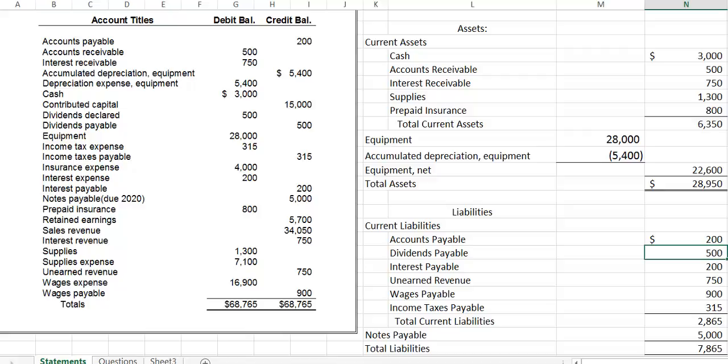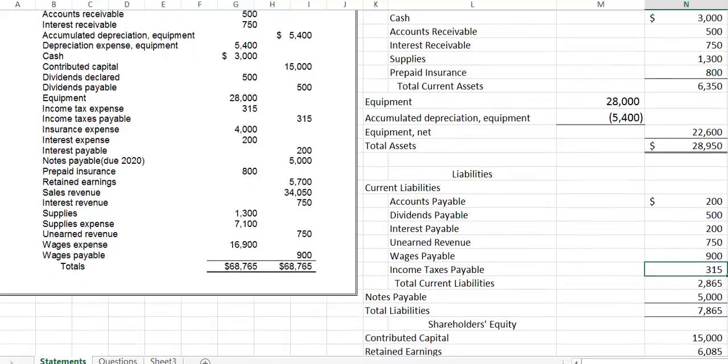So that's $500. We have interest payable. We had that last time. We did an adjusting entry to record it at $200. We had unearned revenue. You can see that here at $750. So we have it in here. We accrued some wages payable in our last series of entries, which was $900. And we also set up some income tax payable when we set up the income tax expense.